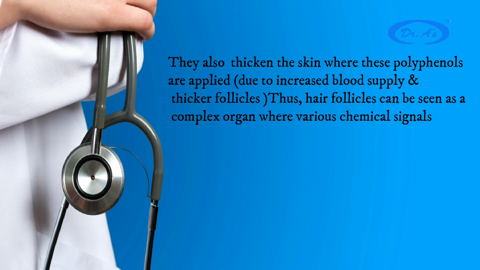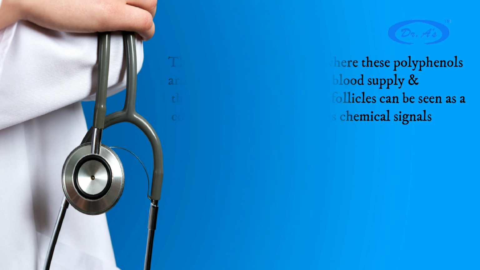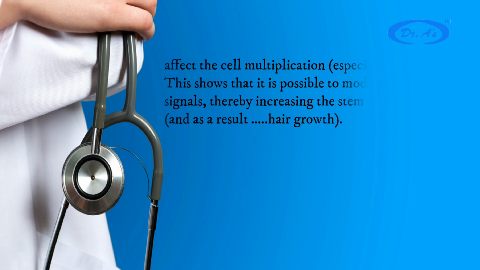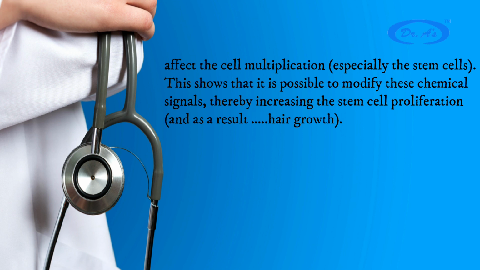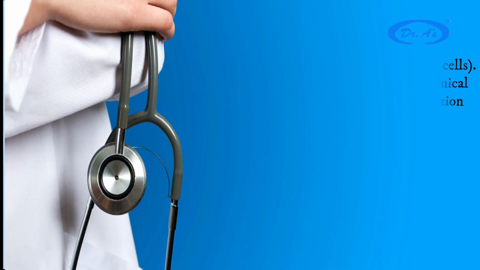Thus, hair follicles can be seen as complex organs in their own right, where various chemical signals affect the stem cell multiplication. This also shows that it is possible to modify these chemical signals, thereby increasing the stem cell multiplication, and as a result, hair growth.